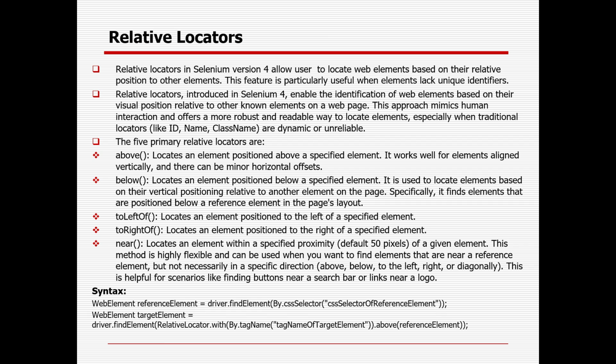Once a particular element is identified with any of the locator techniques like ID, name, class name, tag name, CSS, XPath, link text, or partial link text, we can identify another element with RelativeLocator.with by some tag name and tag name value, then dot above, below, to left of, to right of, or near with a reference element. So that is the way we will identify different elements with the help of these relative locators in Selenium WebDriver version 4.